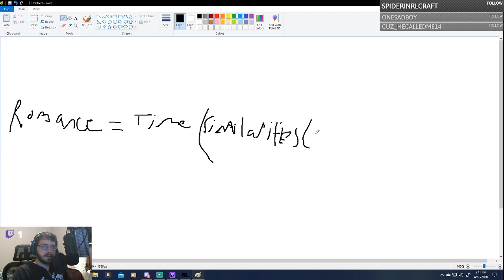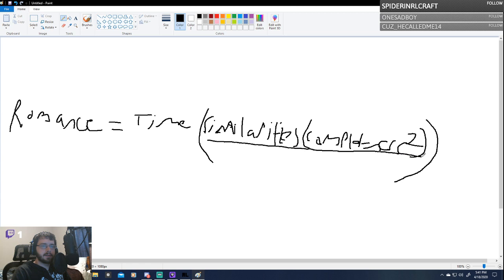Times, that looks awful, but that's supposed to be completeness squared, divided by differences. That is the equation that I came up with.